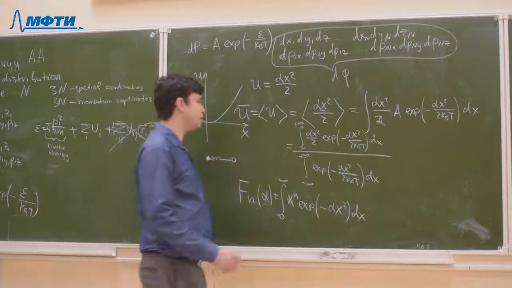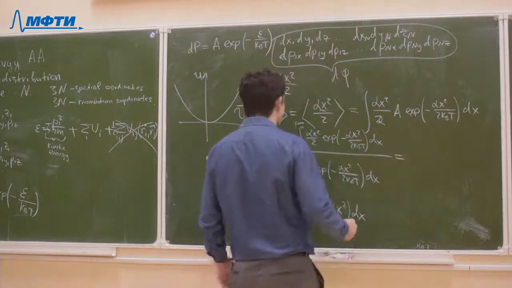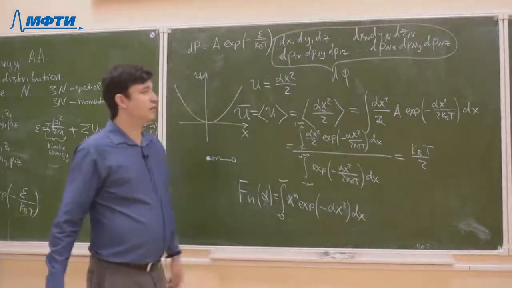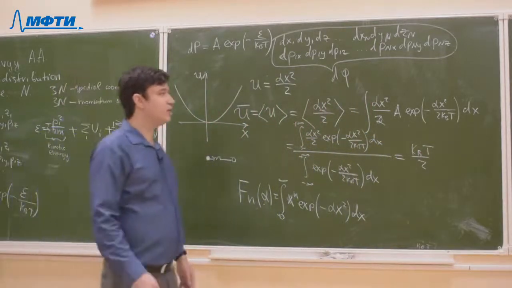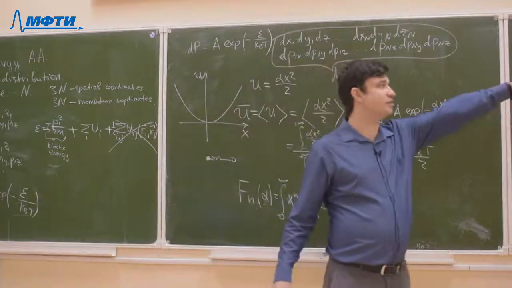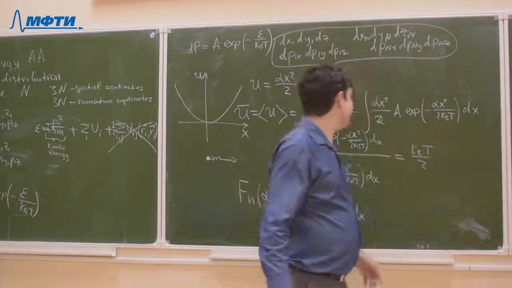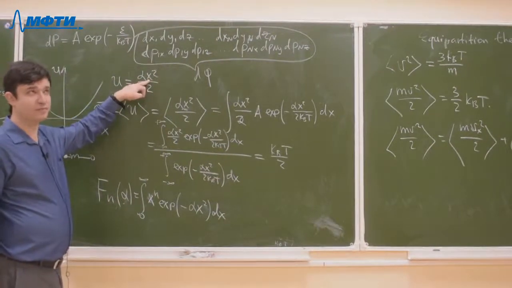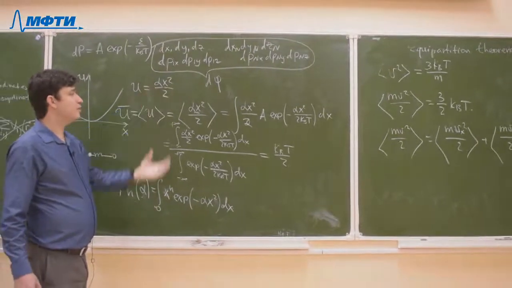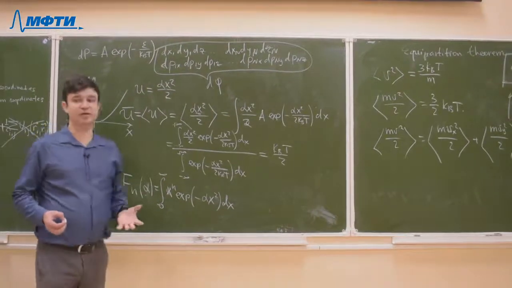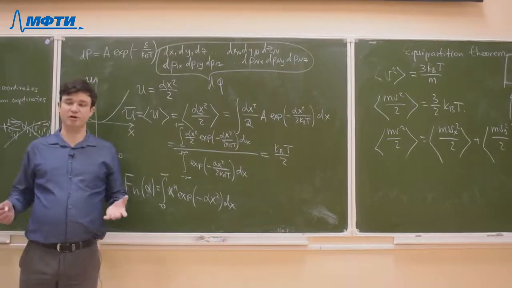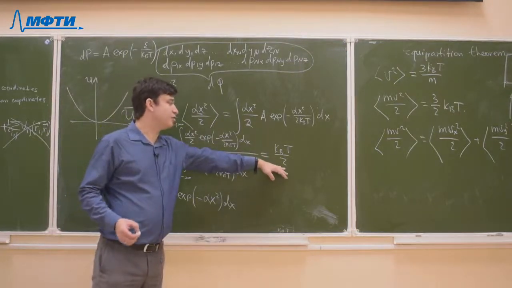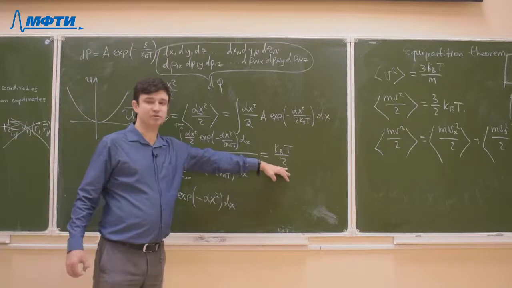And the final result is, of course, that this potential energy should be equal to kBT over 2. The reason why this potential energy is again equal to kBT over 2, exactly the same as the kinetic energy per one axis, is that we have a quadratic dependence of our potential energy on the x coordinate. So if we have a quadratic term in the kinetic or potential energy of molecules, then this quadratic term averages to kBT over 2 of average energy.